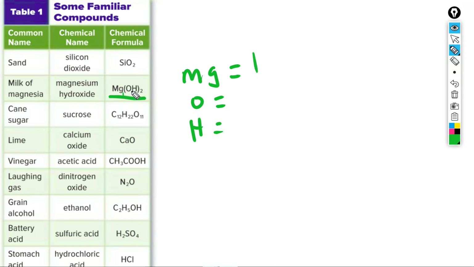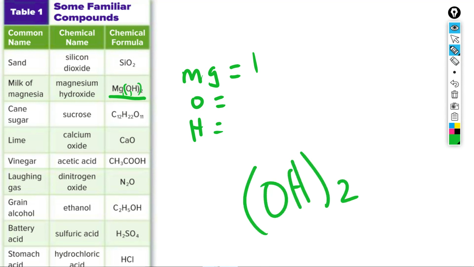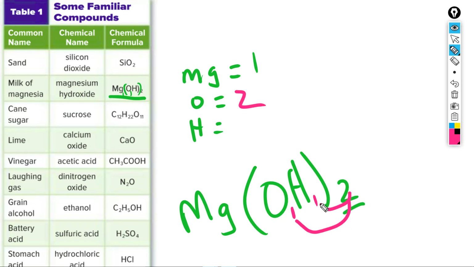O has nothing written after it, but it has these parentheses around it. So let me blow this up. (OH)2. The number after the parentheses applies only to what's in the parentheses, not the Mg. So we've got 2 times everything in here, and remember these don't have a number after them, so it's a 1. So 2 times 1 is 2 O's, and 2 times 1 is 2 H's.